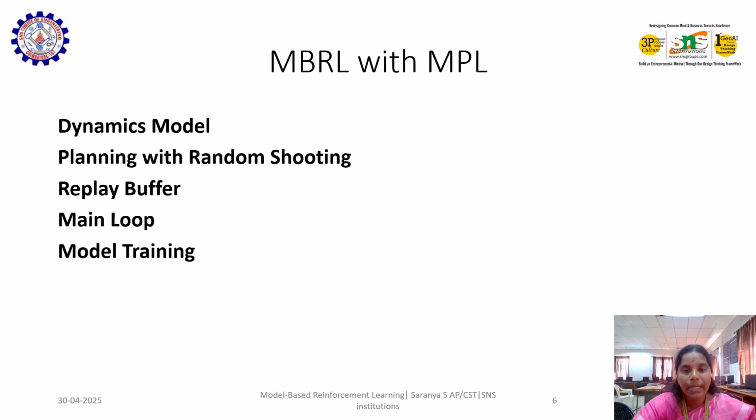Model predictive learning is to predict the future state to optimize the control action over a finite horizon. It samples trajectories based on the model and selects actions to maximize the expected rewards.